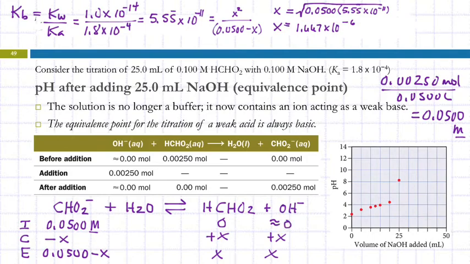So I'm going to find the pOH using the negative log of that, 5.778, and then I'm going to subtract that from 14 and get 8.22. Looks about right.